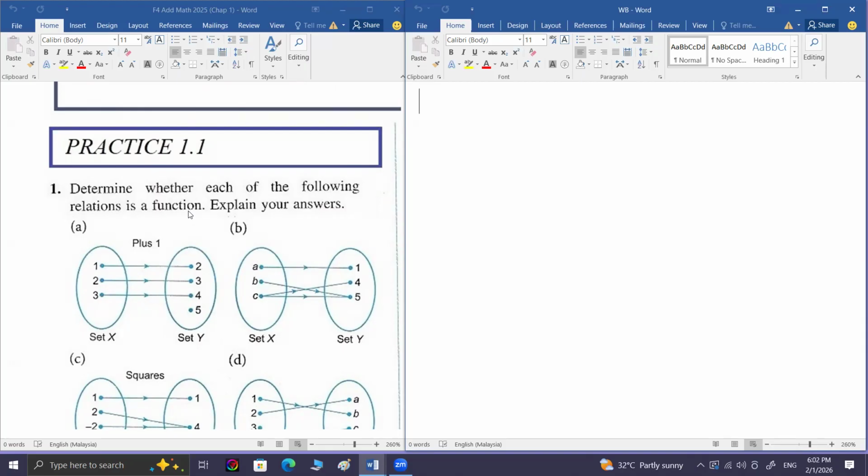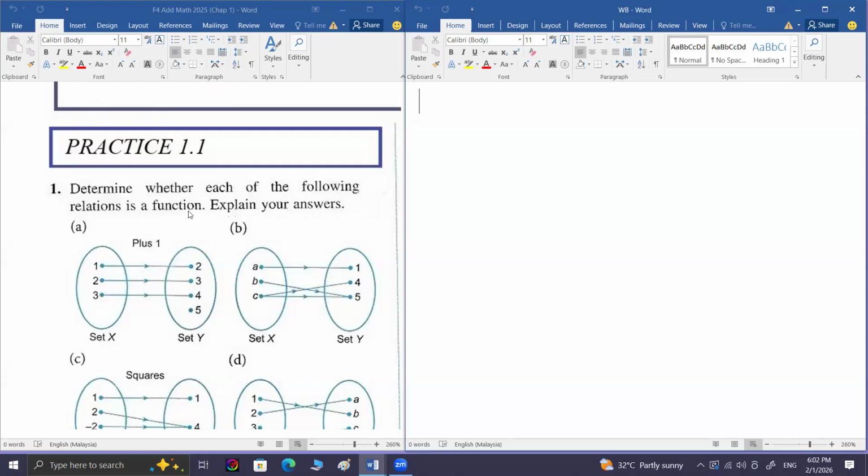For example, let's say you and your friends, 2 objects, can 2 of you move to the same place? Yes. Can 2 of you move to different places? Yes. So that means many to one. Many to one is accepted. One to many is not accepted as a function.